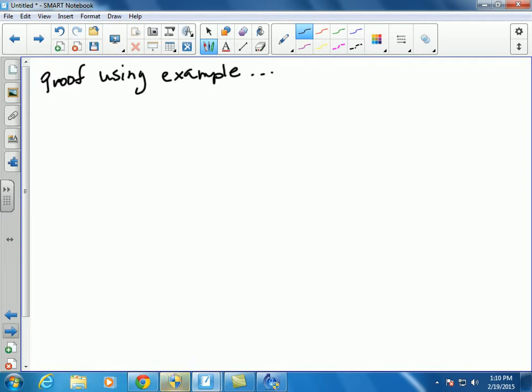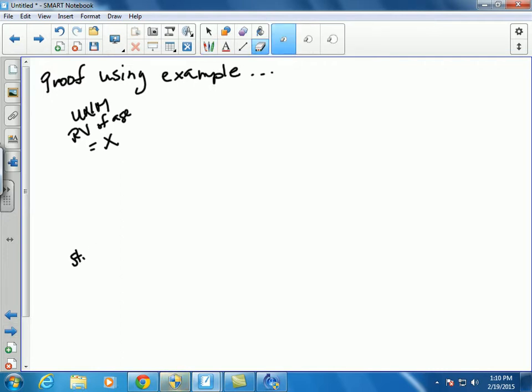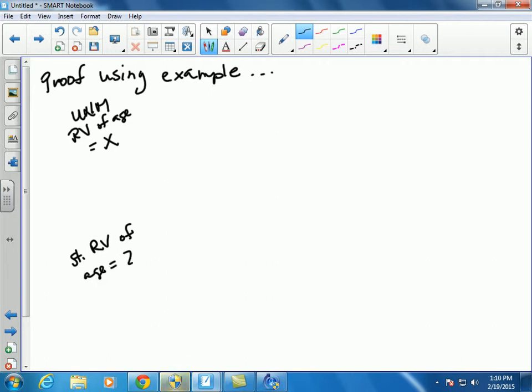So let's do the UNM random variable of age, and that one was x. Then down here we're going to have the standard random variable of age, which is going to be called z.